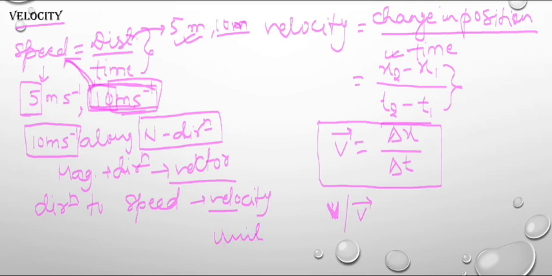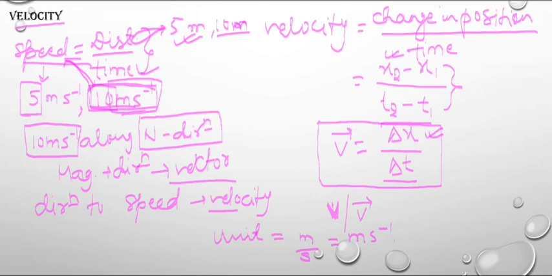The unit of velocity is similar to speed, that is meter per second. Here, the unit of displacement is meter and the unit of time is second, which can be written as meter per second. Clear? So this is how we define velocity.